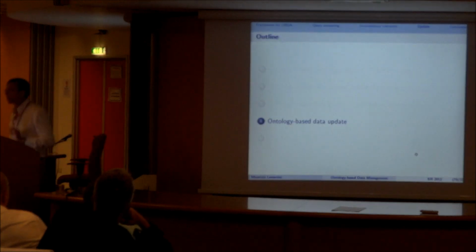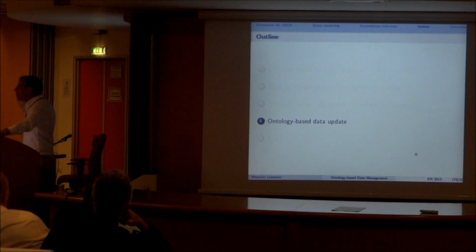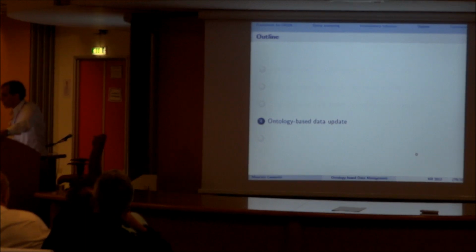So, two words about the update. As I told you, we had experimentation with different companies, and it is very, very surprising. As soon as they understand the approach, they ask you for updates, and they ask you, why should I just put queries on the ontology? Why am I not allowed to express updates on the ontology?